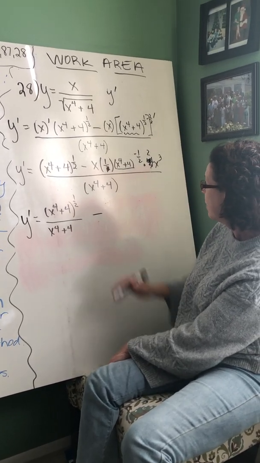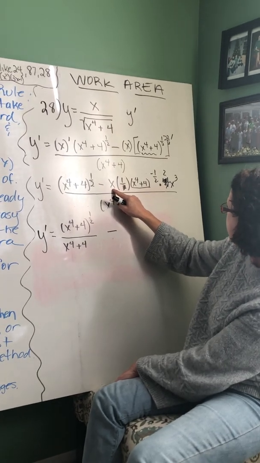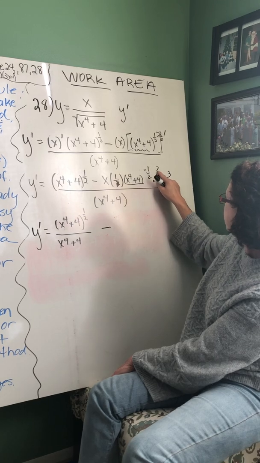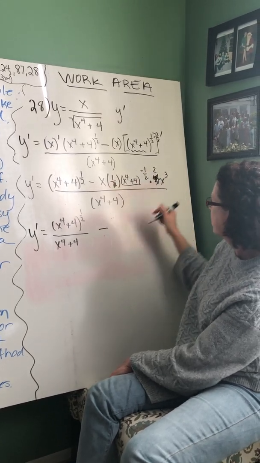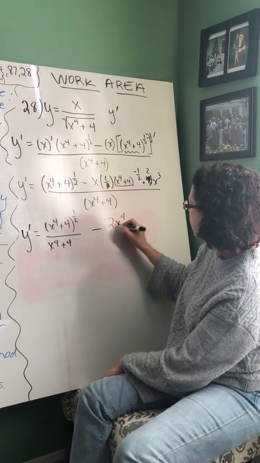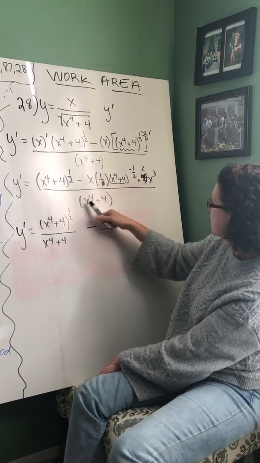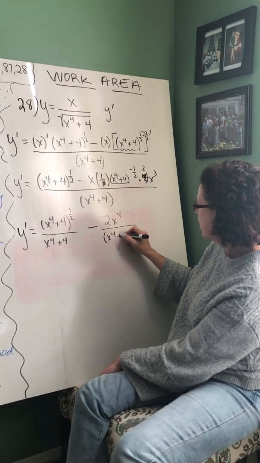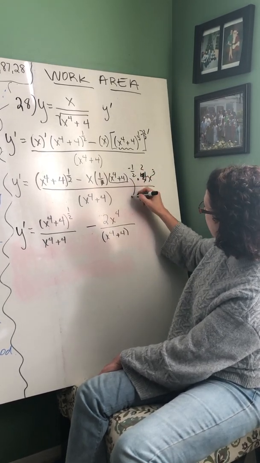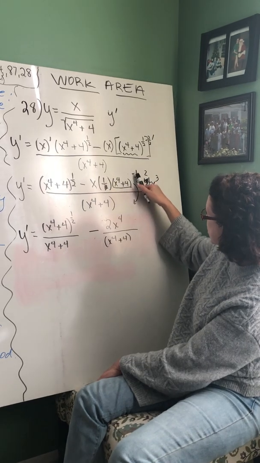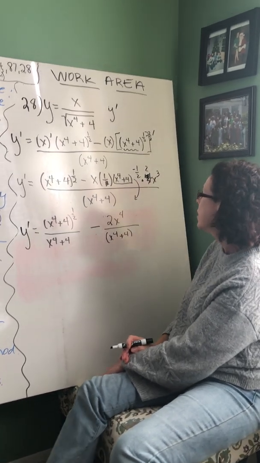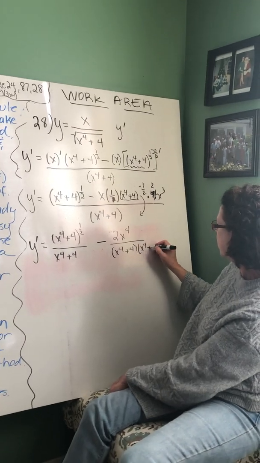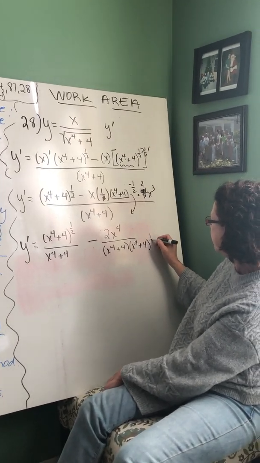What I do have in this numerator is a x times 2x cubed. So I have a 2x to the 4th. In the denominator for this term is already an x to the 4th plus 4. And when I bring this expression down, it makes the negative 1/2 exponent positive, meaning that is x to the 4th plus 4 to the 1/2.